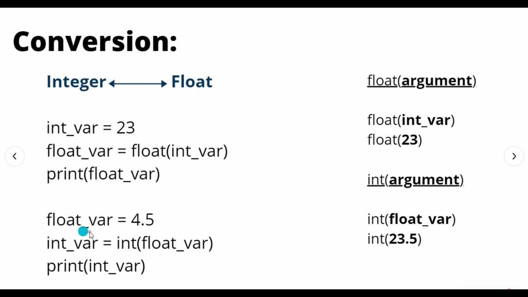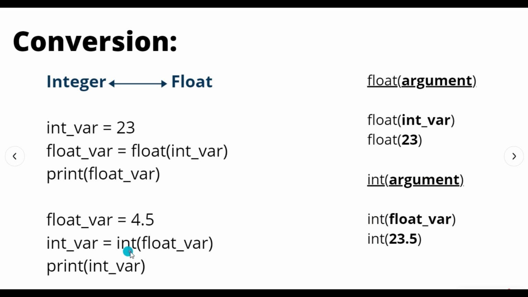Okay, so we have created one variable float_var, and we are assigning a decimal number, a number with a decimal point in it, that is 4.5. And again we have created one variable int_var, and here we are using the int function which will help us to convert any float value into an integer value.